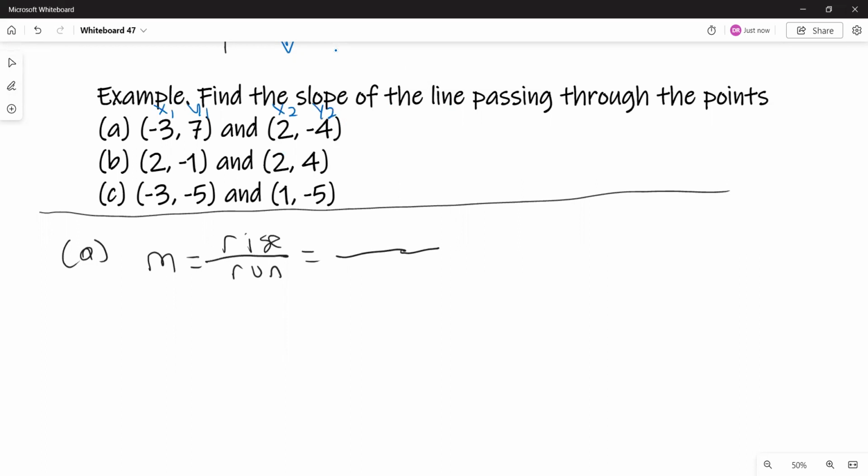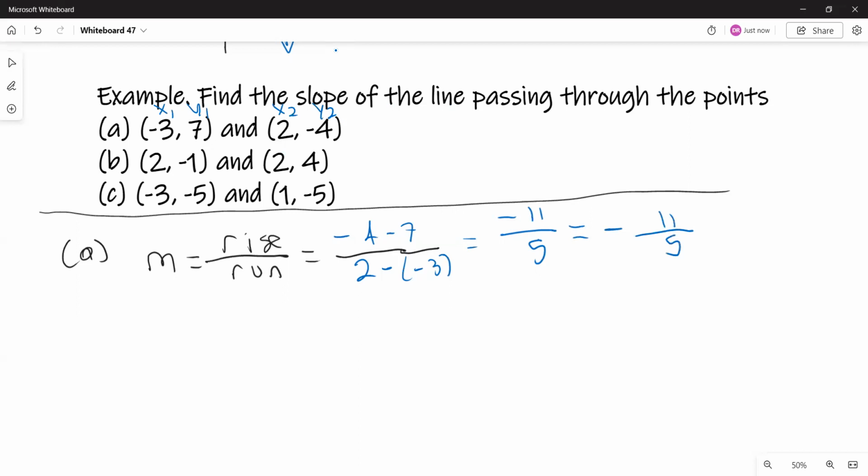So that's going to be -4 minus 7 over 2 minus -3. -4 minus 7 is -11, and 2 minus -3 is going to be 5. So the slope is -11 over 5. Or if you want to write the negative in the middle, that's fine too.